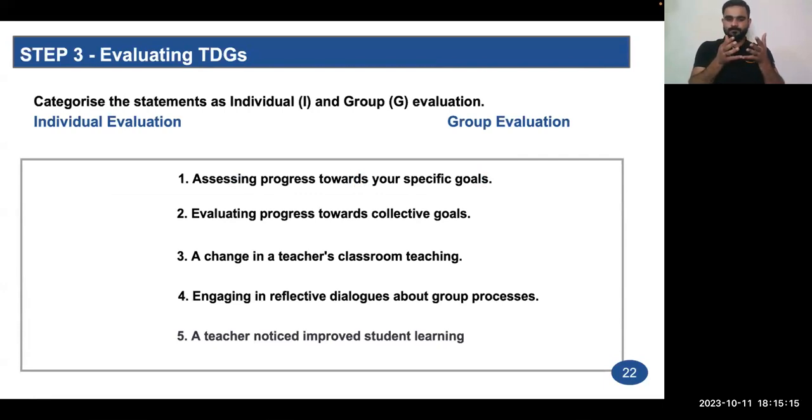So what you will do, you have to categorize this statement by typing I for individual, and G for group evaluation. What do you think? Is assessing progress towards specific goals an individual evaluation or a group evaluation?